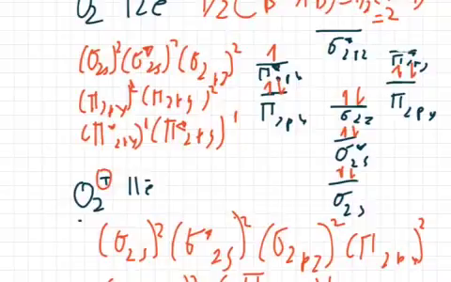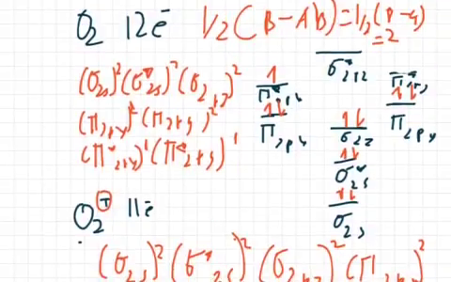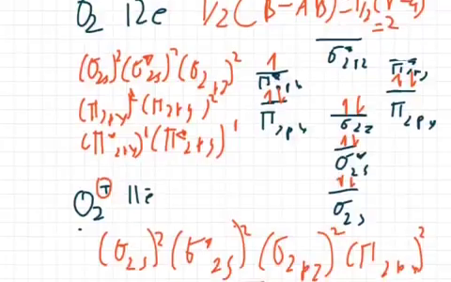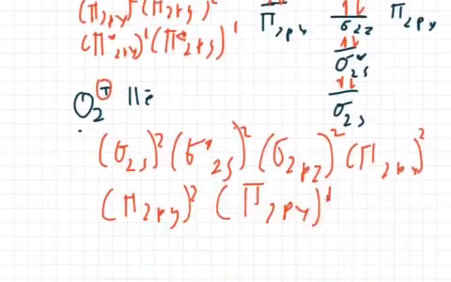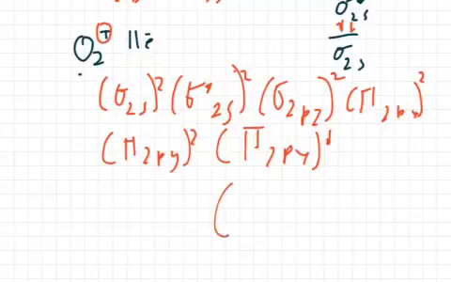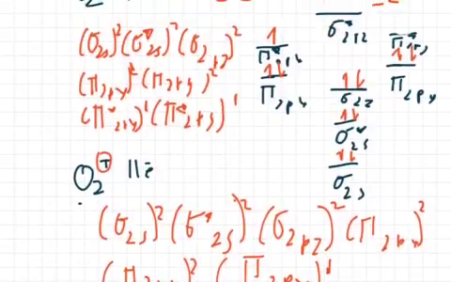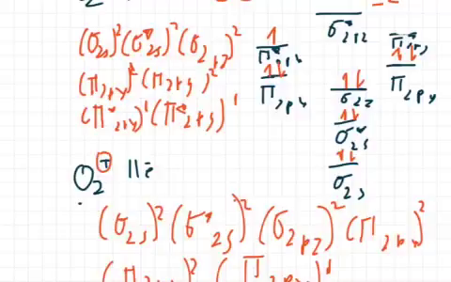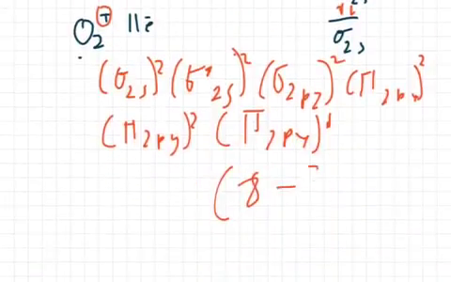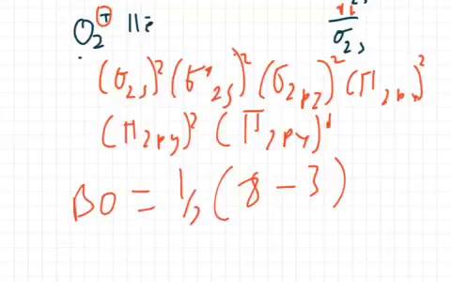Now, again, all we need to do is calculate the bond order. We have 2, 4, 6, 8 electrons in bonding orbitals, while instead of the 4 previously in antibonding, we have 3, which gives 2.5.